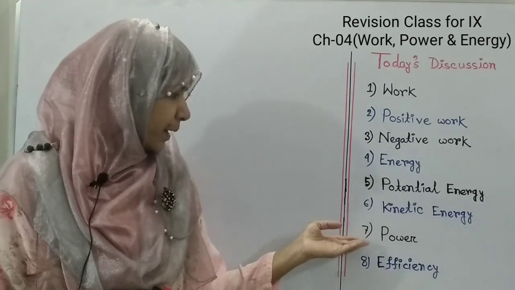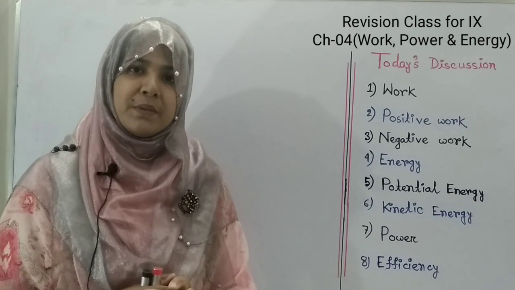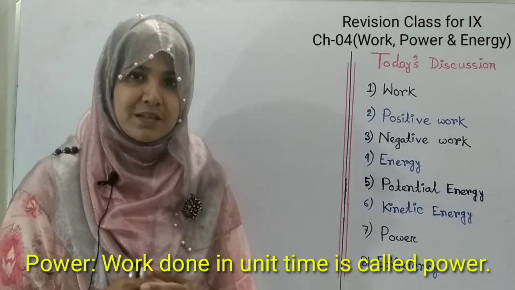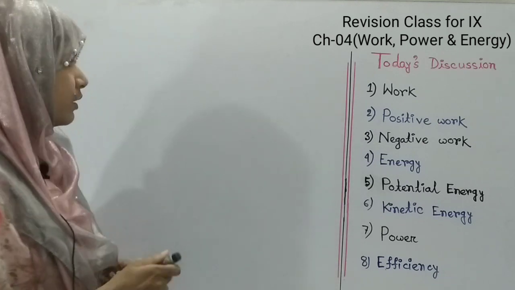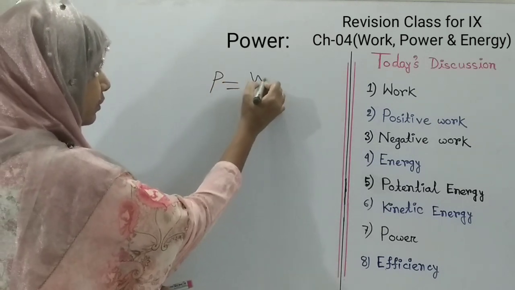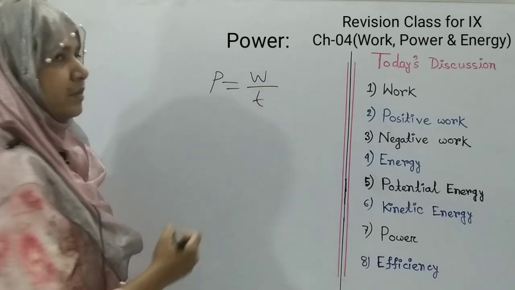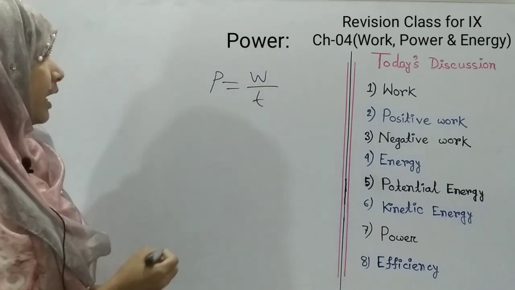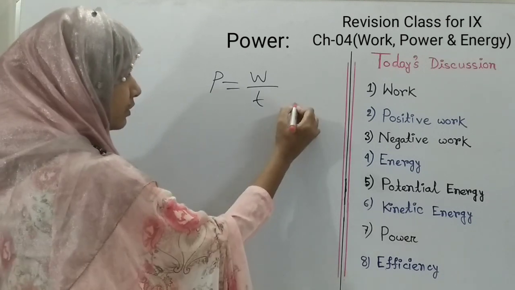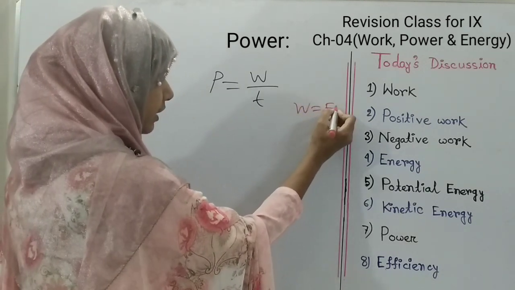Now, power. Power means work done in unit time. Power is denoted by P. So, P equals W by t. And you know that W equals F s.